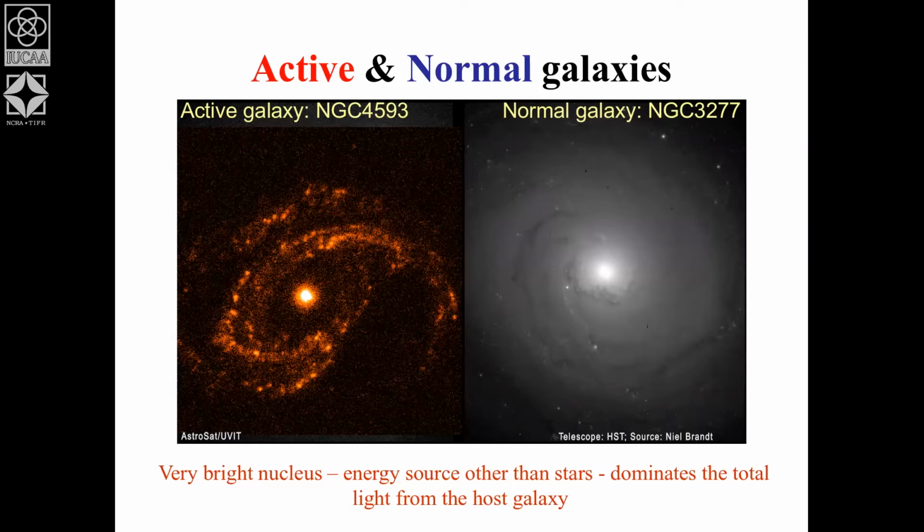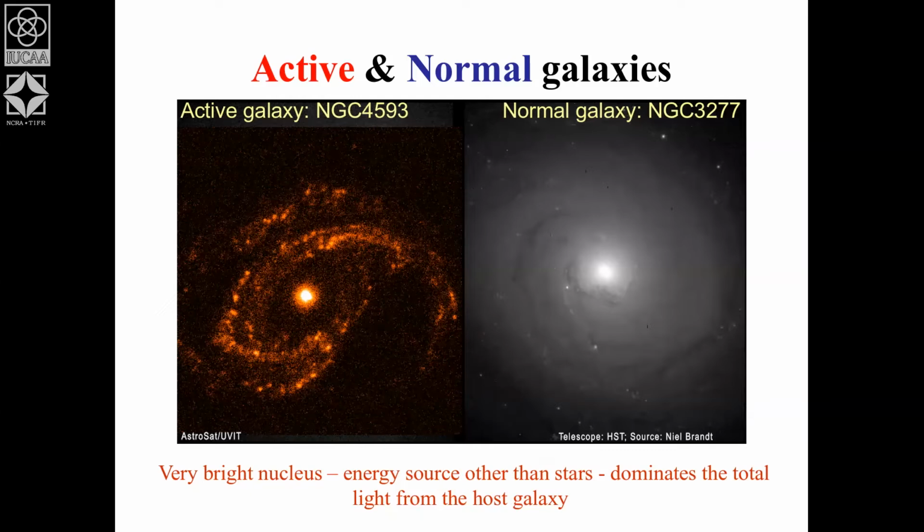But if the galaxy contains an active nucleus, or if the galaxy is an AGN, then in the short exposure what you see is a point-like or a star-like object. And when you increase the exposure time, this point-like object will become brighter and brighter, and you will start seeing the host galaxy also.